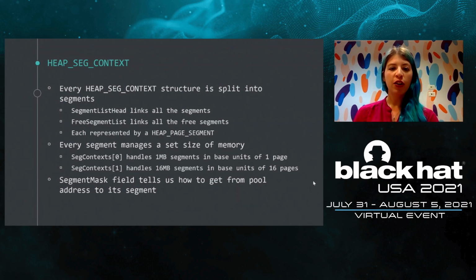So in the first Seg Context, for small blocks, each segment handles 1 megabyte of memory. In the second, it handles 16 megabytes of memory. So they handle the same amount of units, but the unit size is different. And we can go to the Seg Context to iterate the list of segments and find each and every segment managed by the Seg Context, and parse them, handle them in whatever way we want.